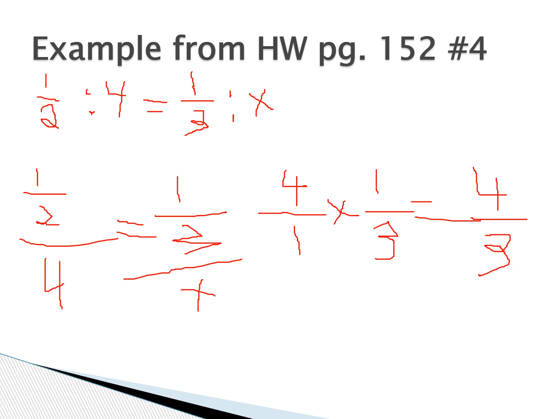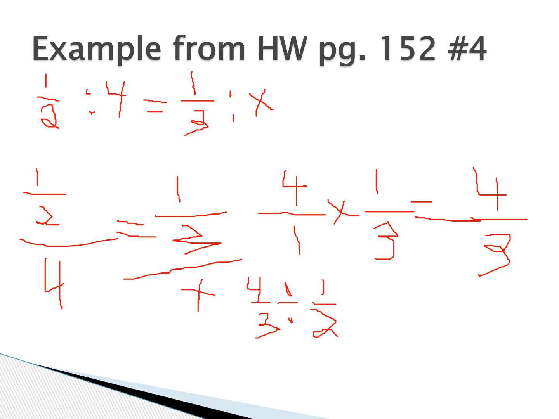I'm multiplying these two. Now I have to divide it by the 1/2. So I'm going to turn it a little bit smaller, 4 over 3, divided by 1/2. So we should know what we have to do next.